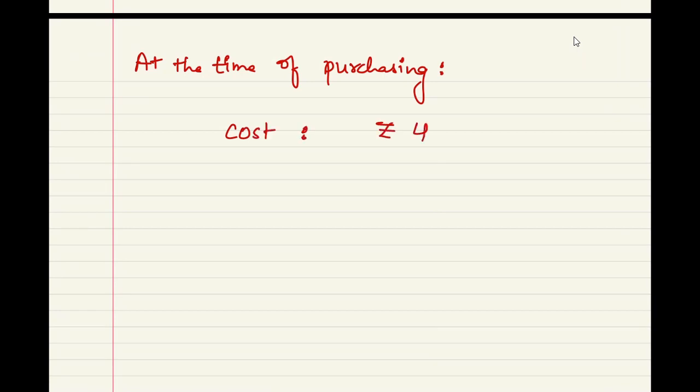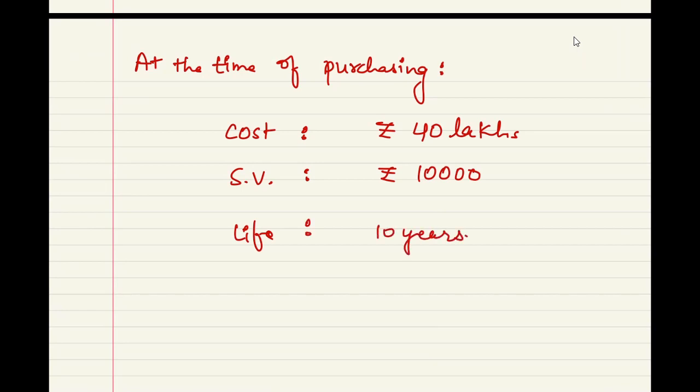So at the time of purchasing, what factors did I already know? The first factor was the cost, rupees 40 lakhs. I know the scrap value, the cost of the iron, which is just 10,000 rupees. I know that, at most, this car will have a life of 10 years, not more than that.